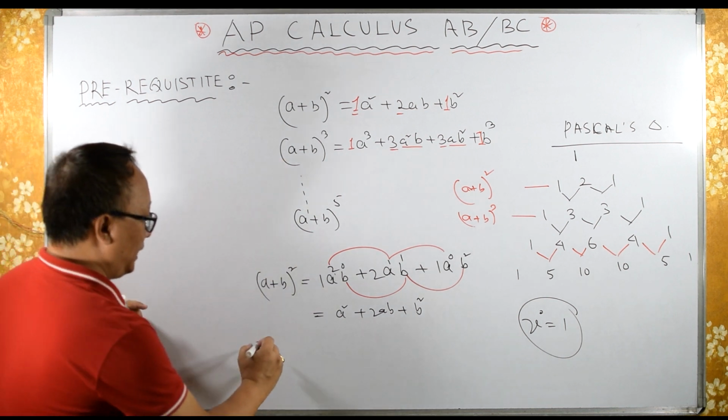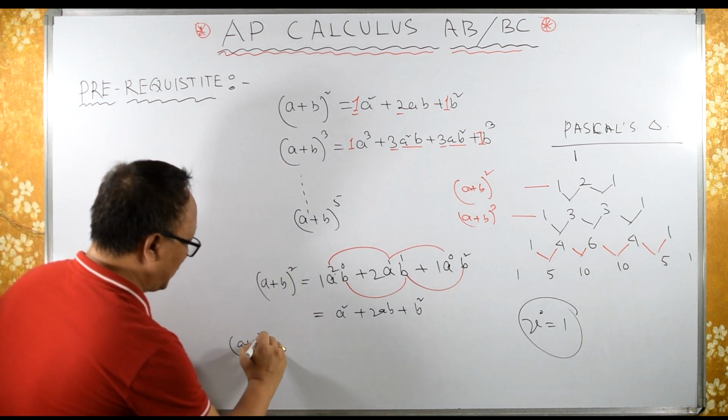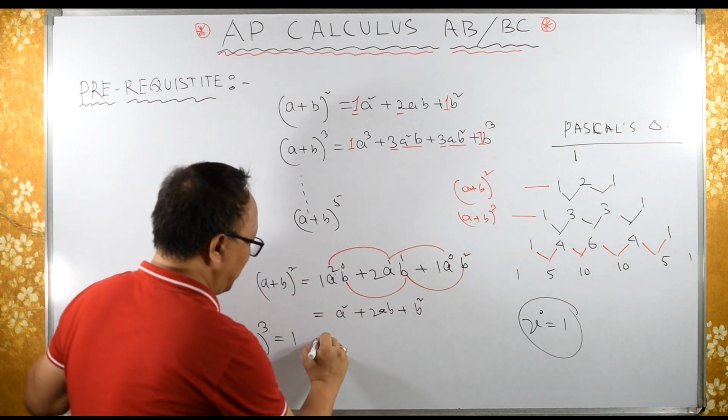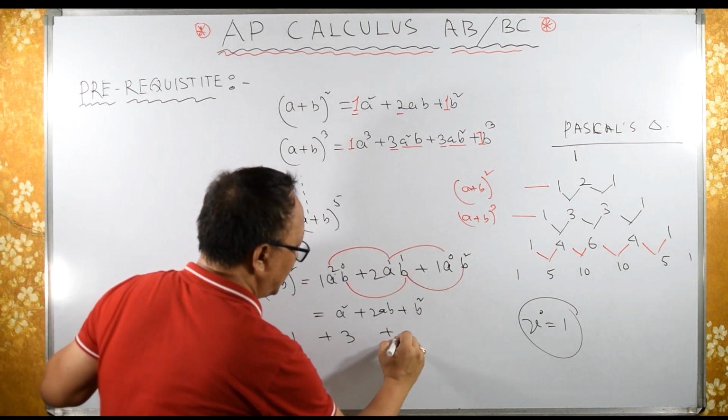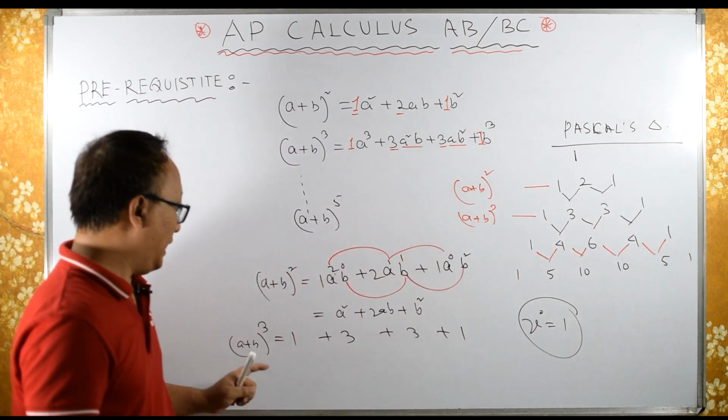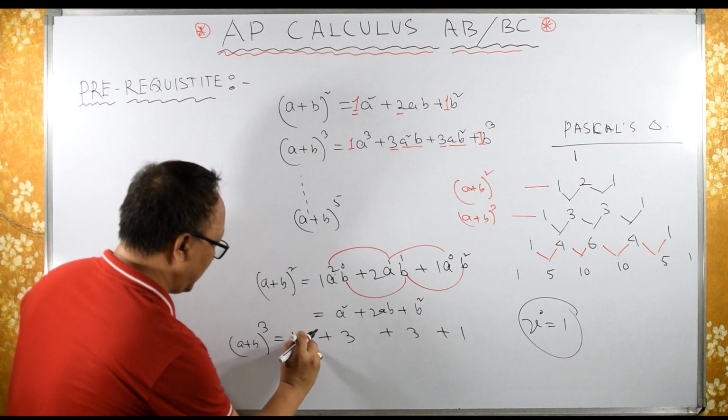What about, let's see, (a plus b) raised to cube. Let's take coefficients from here. Here 1 plus 3 plus 3 plus 1. 1, 3, 3, 1. And let's give a the highest power.